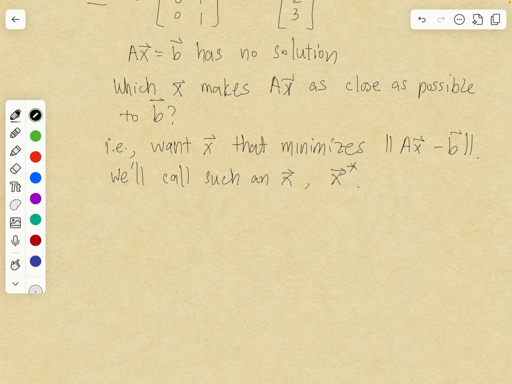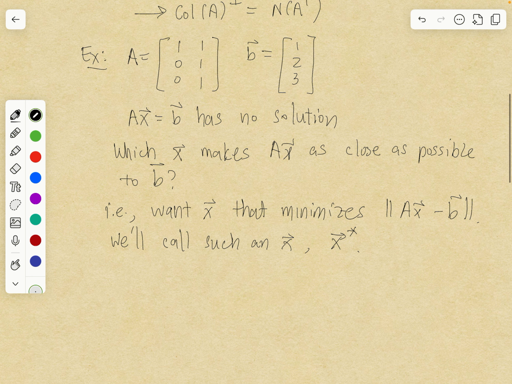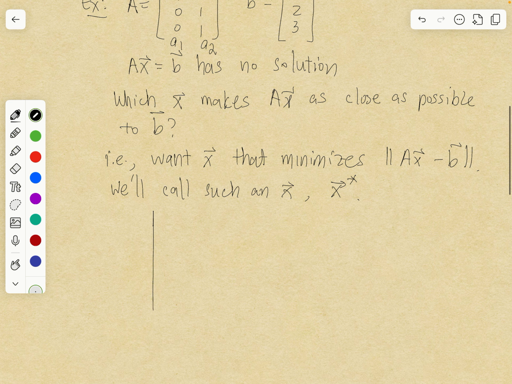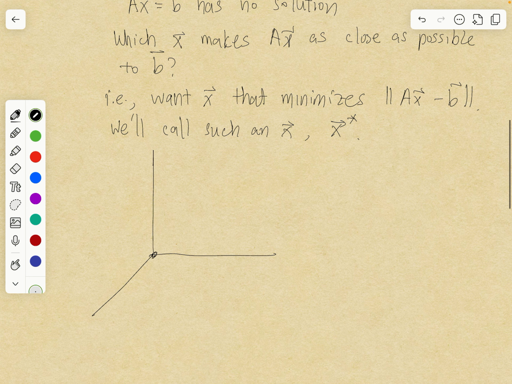Well, let's take a look at a picture. So let's call this first column a1, and let's call that second column vector a2. So in terms of the picture, here's the origin, here's the x-axis, the y-axis, and the z-axis, the positive x, y, and z-axes. a1 is 1, 0, 0, so a1 is this vector.